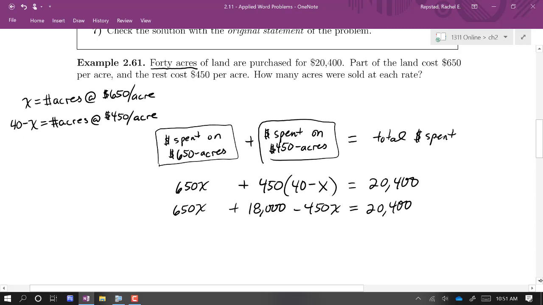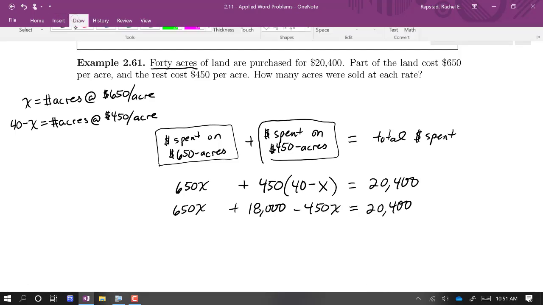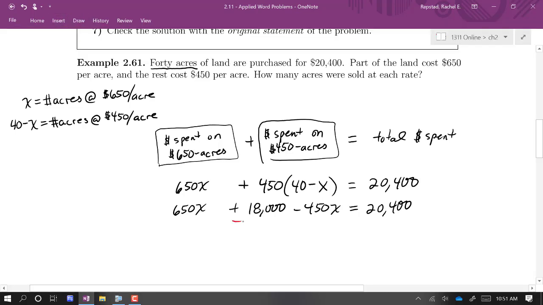We have like terms on the left side. Also, if we're getting all of our x's on the left, they're already on the left, then I'll subtract 18,000 from both sides. $650x minus 450x is 200x.